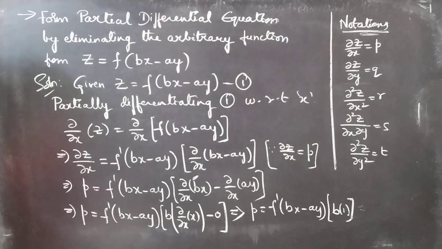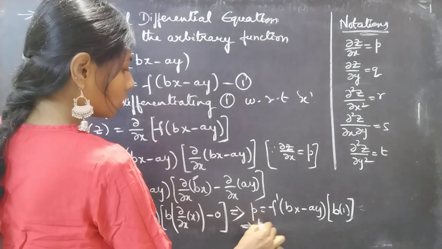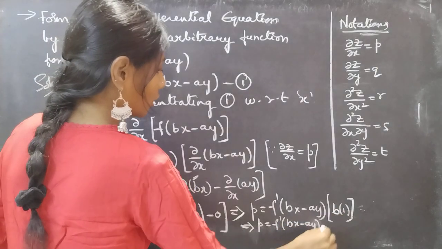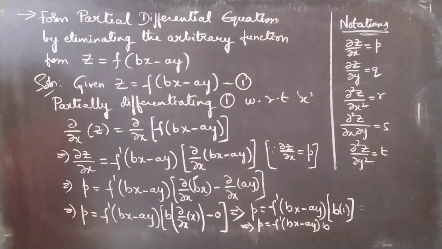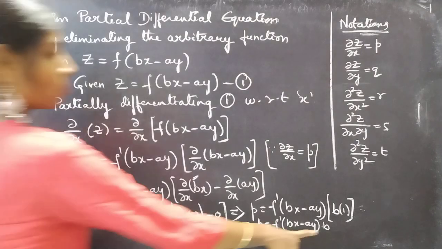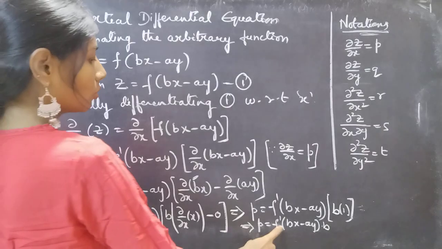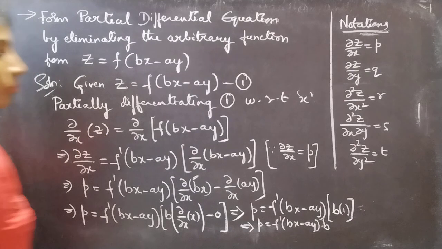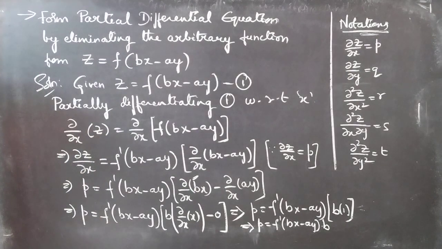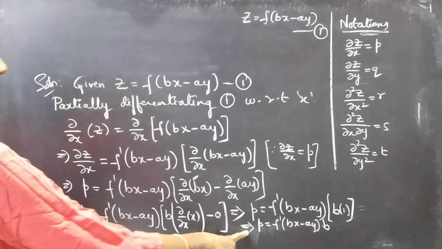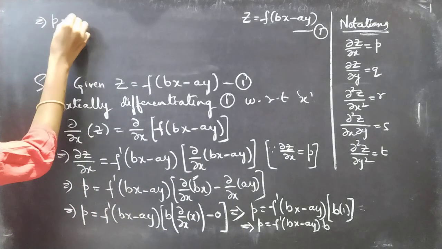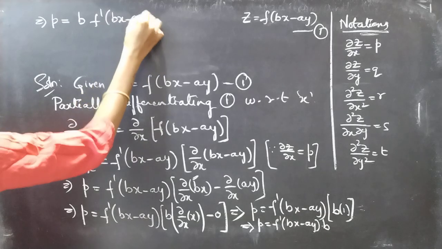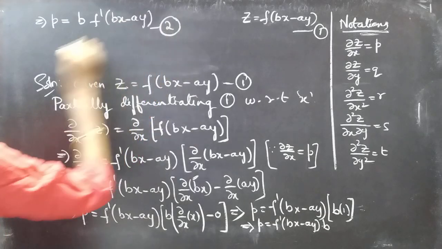From this we'll get p equal to f dash of bx minus ay into b, or you can bring this b here, then you'll get p by b equal to f dash of bx minus ay. We'll write this as p equal to b into f dash of bx minus ay, consider it as equation number 2.